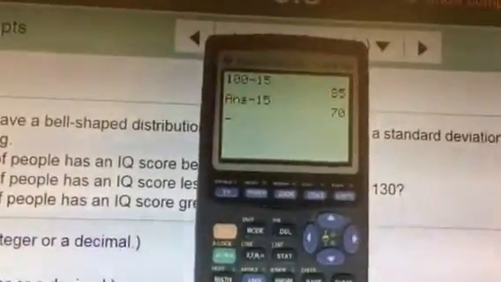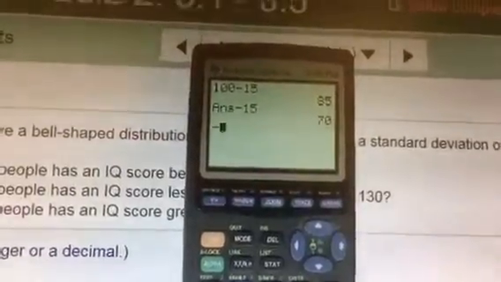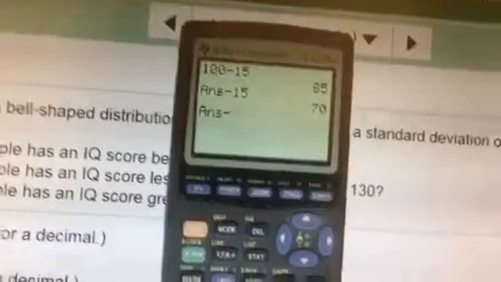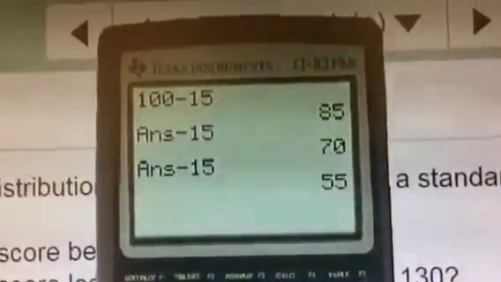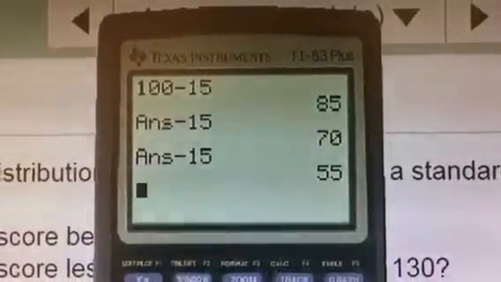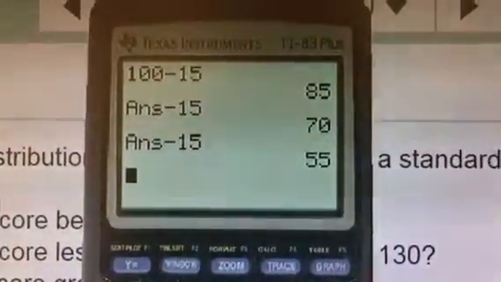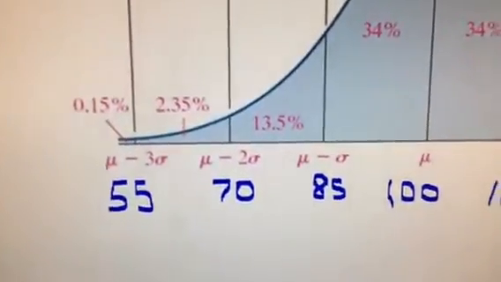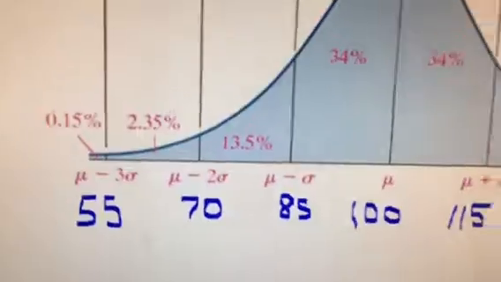So what I did, I took 100 and subtracted off a standard deviation, subtracted off another one, and another one. So that's what we're going to place on our bell-shaped curve. We place 85, 70, and 55 under each one.